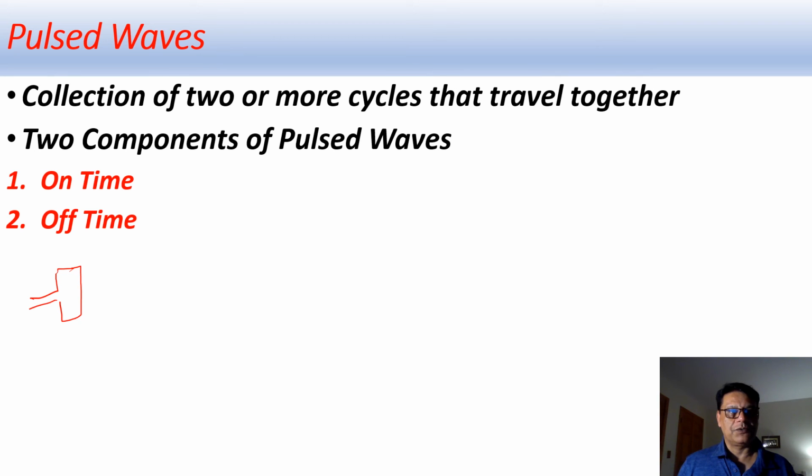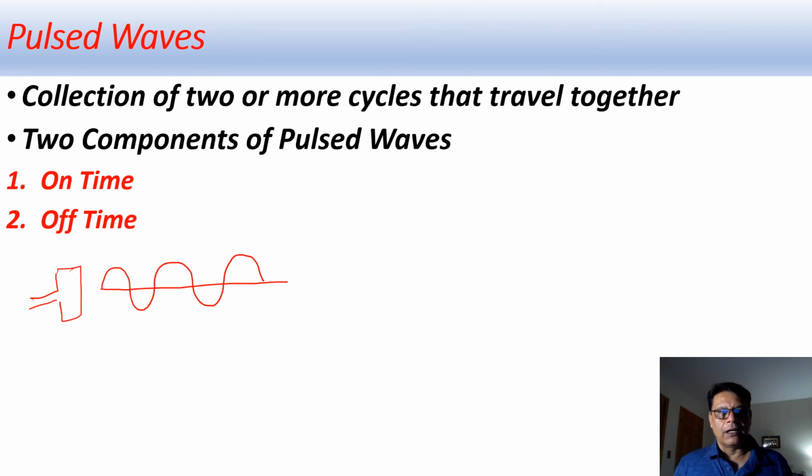Here is a transducer, and this transducer produces a pulse. And after producing the pulse, it becomes silent. And it doesn't produce the second pulse until it receives the echo of this pulse.